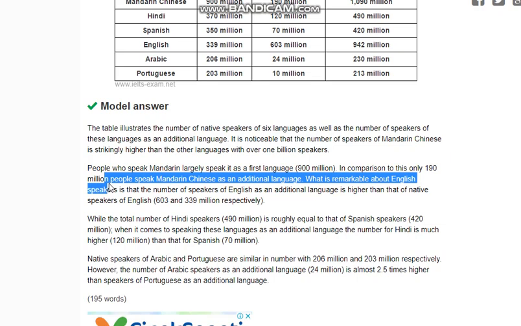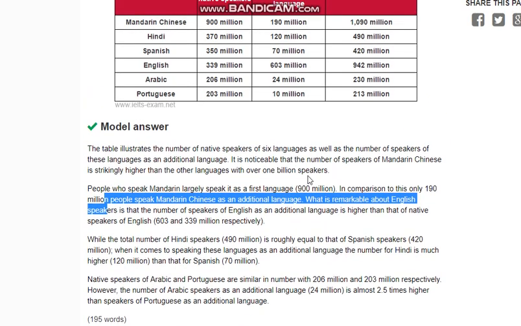People who speak Mandarin largely speak it as a first language (900 million). In comparison to this, only 190 million people speak Mandarin Chinese as an additional language.